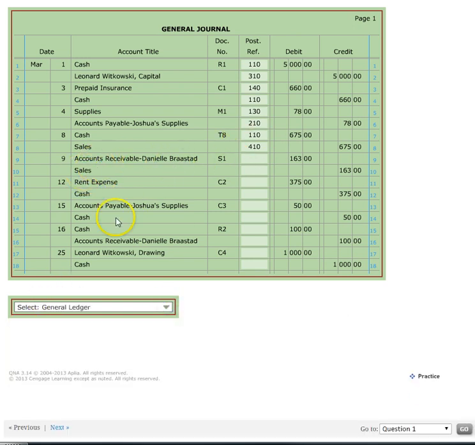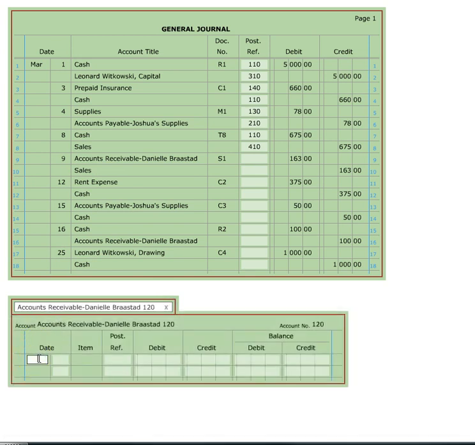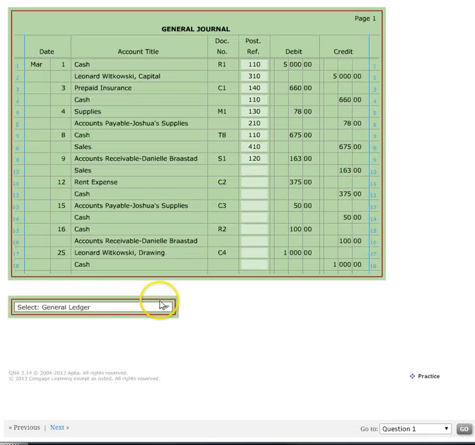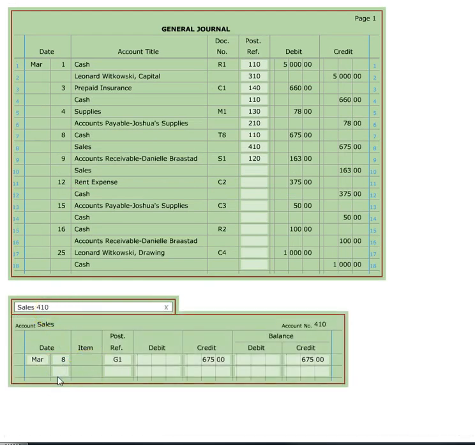Accounts receivable, Danielle. March the 9th. General Journal, page 1. That is a debit of $163. New debit balance of $163. Posted it to 120. Sales. 410. This is on March the 9th.